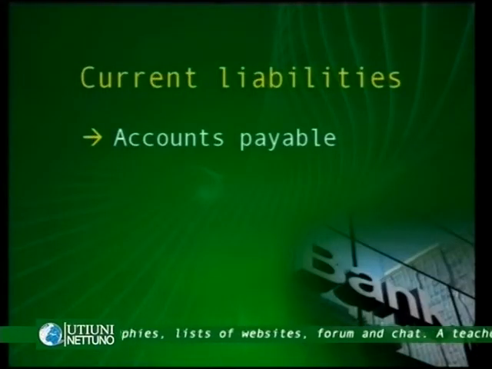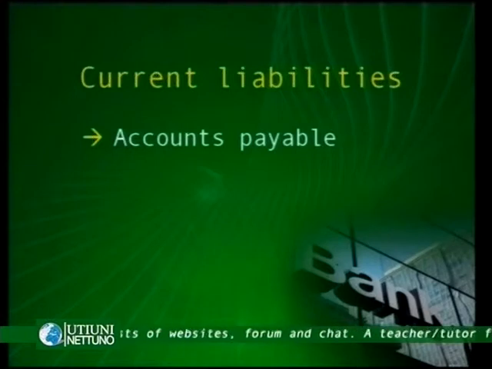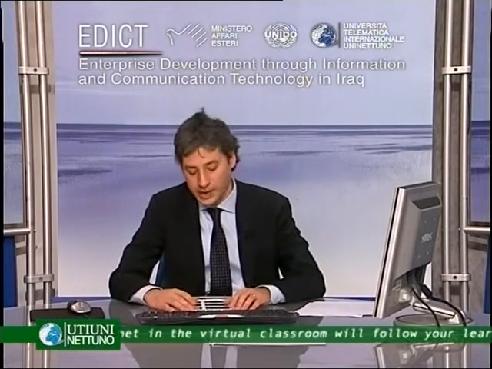Instead, in the current liabilities, we typically find other items. First of all, we have the accounts payable. The accounts payable are the opposite situation as compared to the accounts receivable. What happens here is that when you buy raw materials and components from suppliers, it typically happens that you don't pay your suppliers immediately, but you pay them after a given period.